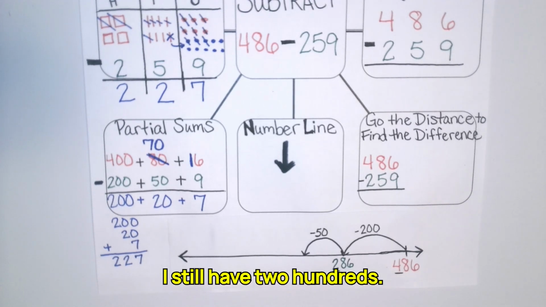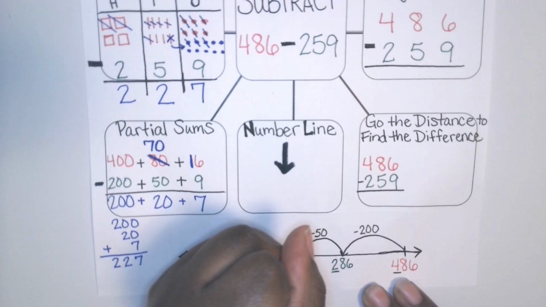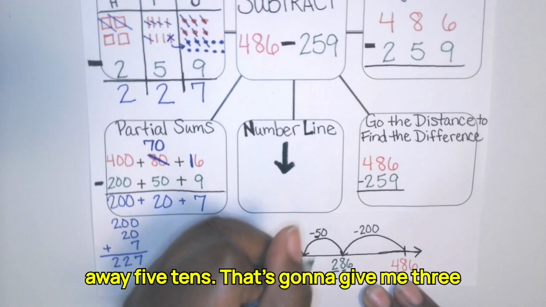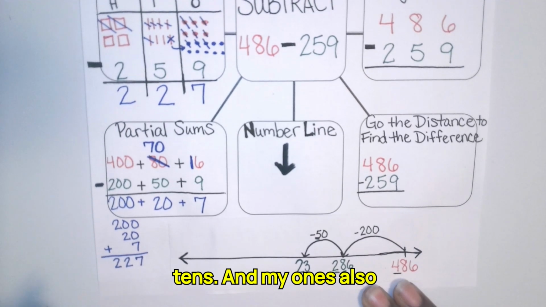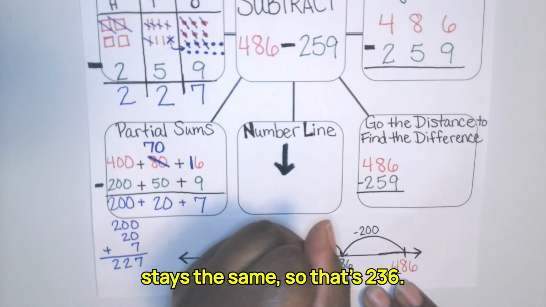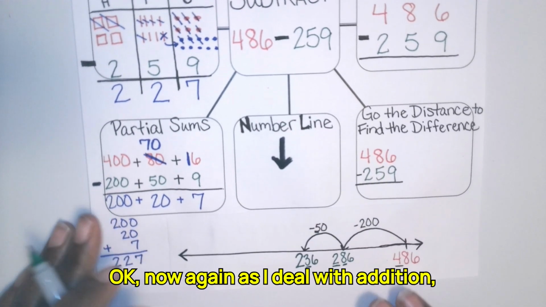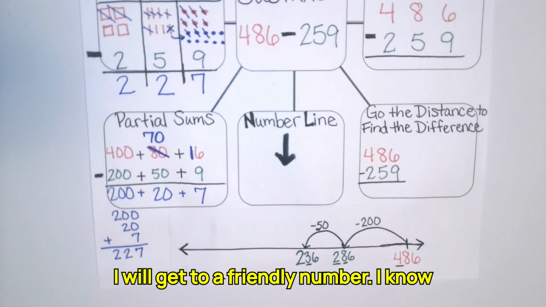I still have 200s, but instead of 8 tens, I'm taking away 5 tens. That's going to give me 3 tens. And my ones also stays the same. So that's 236.